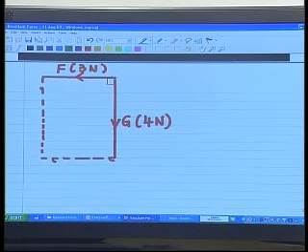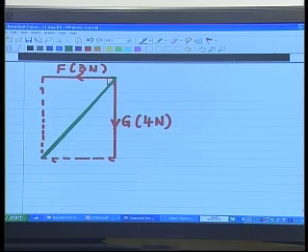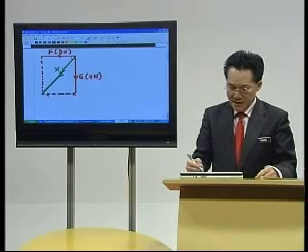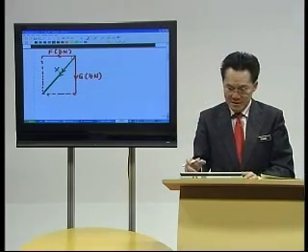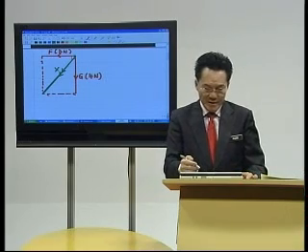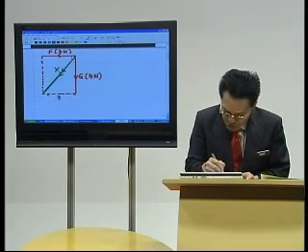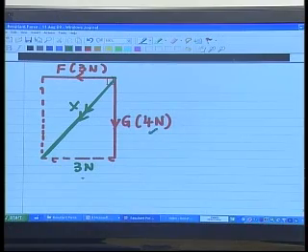I'll use another color so that it is clearer for you. I use two arrows. So this is x. And what is the value, the magnitude of x? Now this is 3 newtons, this is 4 newtons, this is 3 newtons.